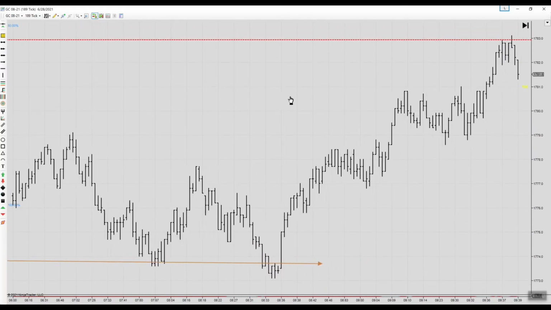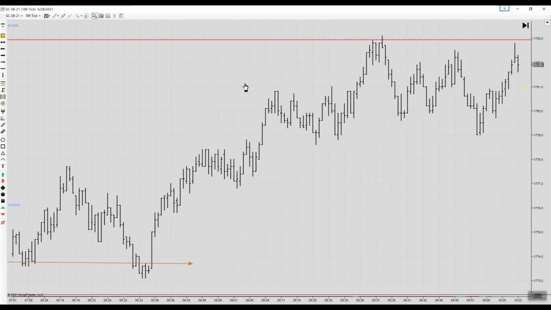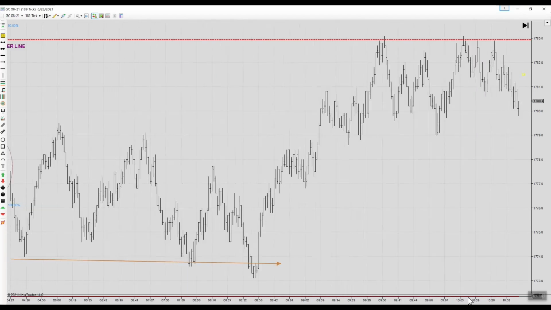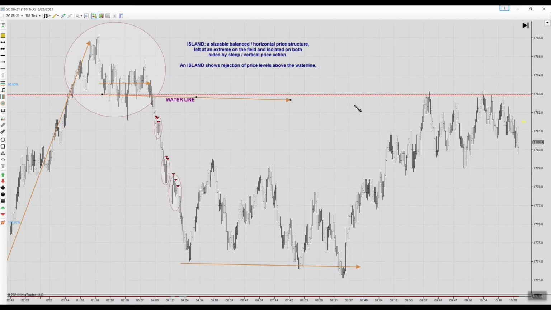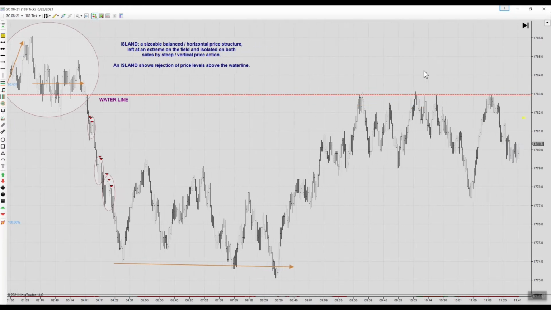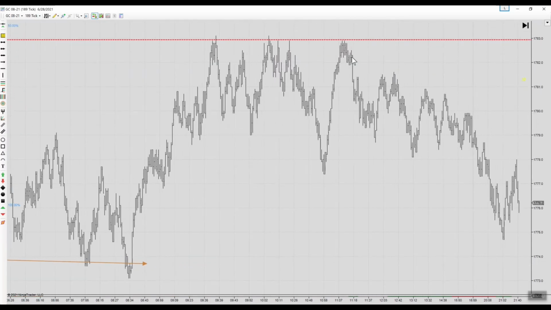And you can see here that as we move forward, once we arrive at the waterline, it tends to act as a door. In other words, prices are now considered expensive beyond this waterline here. And ultimately you see that we stay at that door for a while, and ultimately we move away back in the other direction.